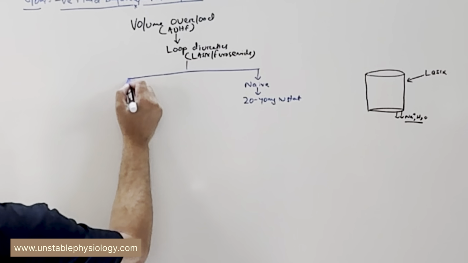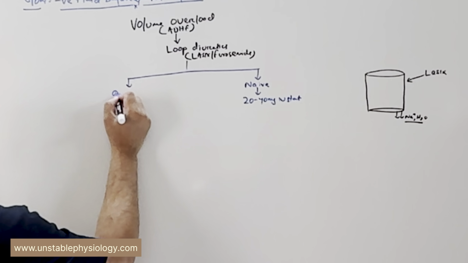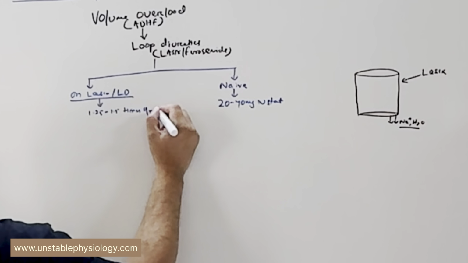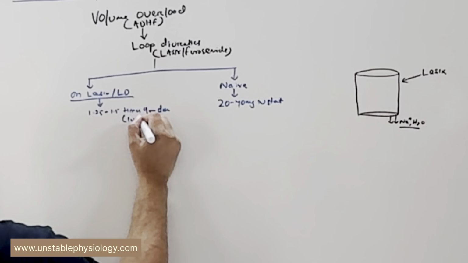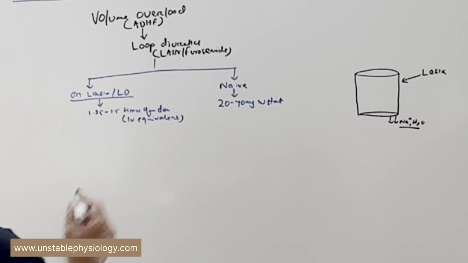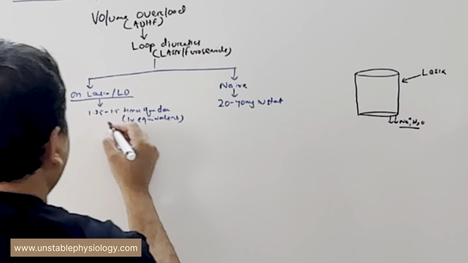At the same time, if the patient is already on a loop diuretic, you have to give 1.25 to 1.5 times the dose, IV equivalent. Now after you have done either this or this, at 2 hours we'll check for the urine output and sodium output in the urine.